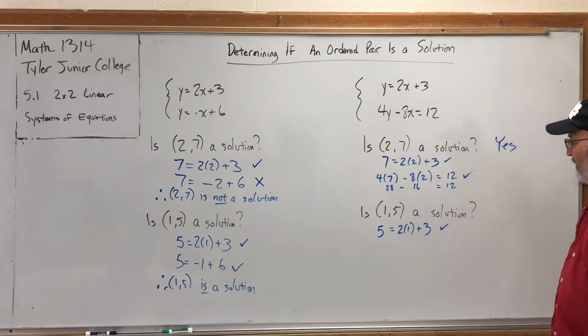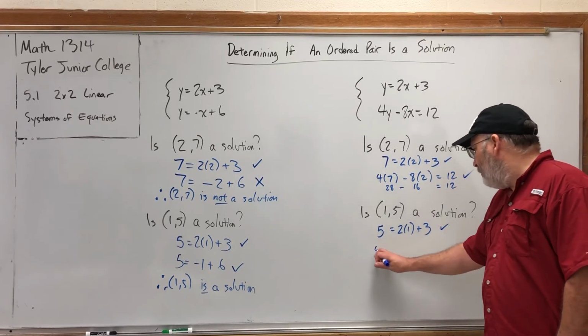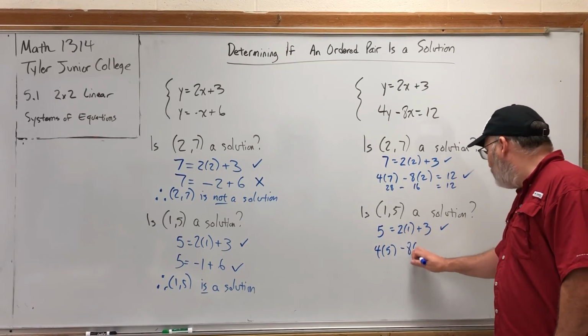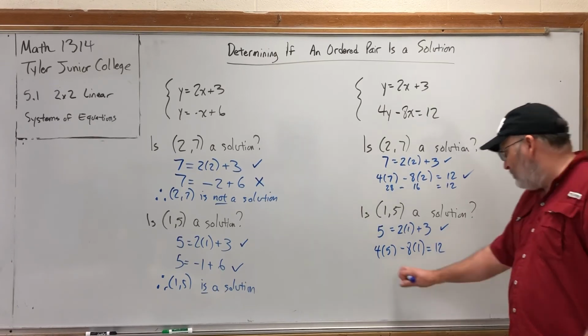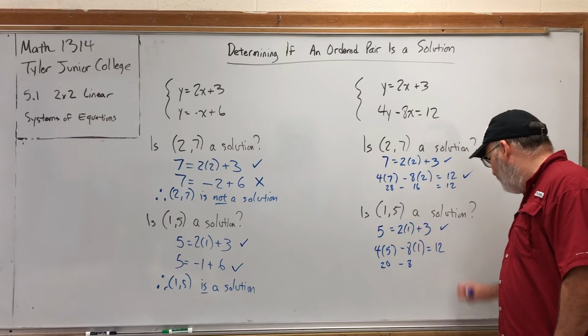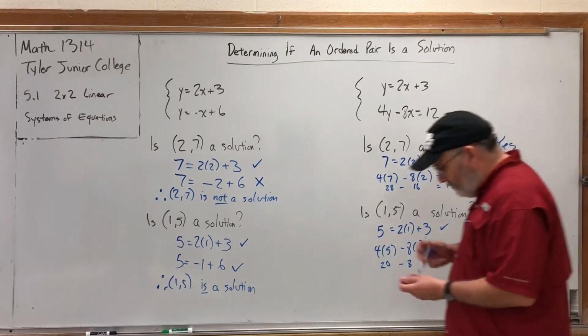In the second equation, if we substitute 5 for the y and 1 for the x, we get 4 times 5 minus 8 times 1 equal to 12. And it doesn't take too long to see that this is also true. We get 20 minus 8, which is 12. So the answer to this one is also yes. Interesting. Both of these are solutions.